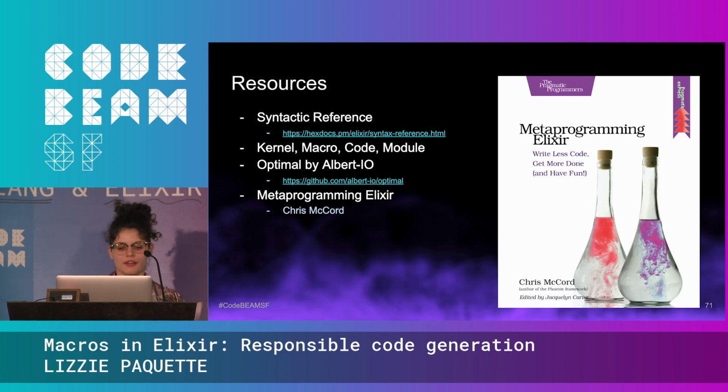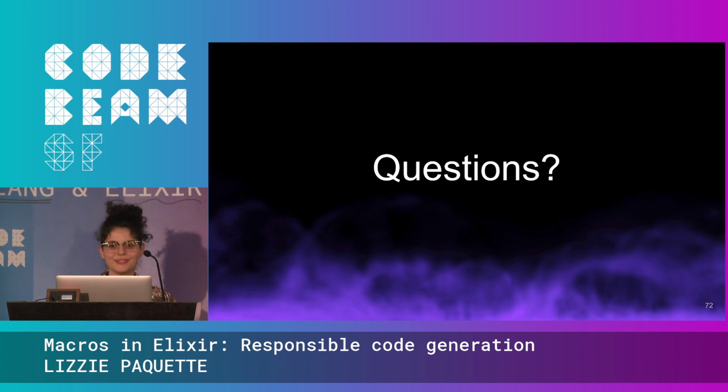Optimal is a great validations library. Most of the functions I was calling are just from regular Elixir modules, like Kernel, Macro, Code, and Module. And of course, the Metaprogramming Elixir book has a lot of concrete macro examples, and it's really good for hitting the ground running and starting to write macros. Any questions?